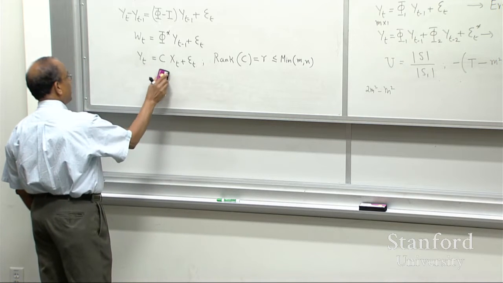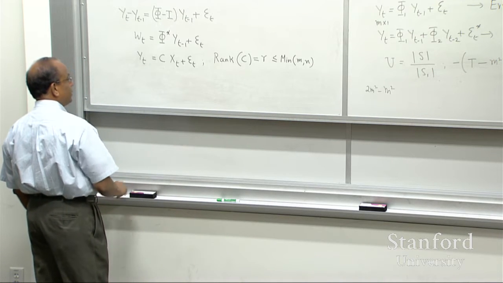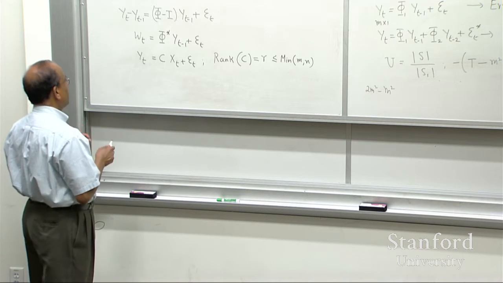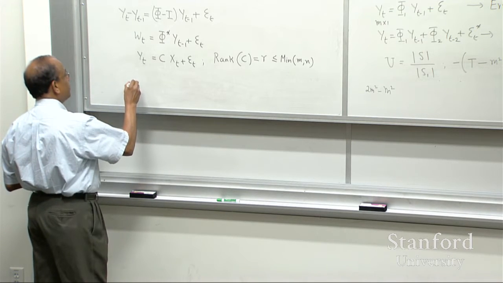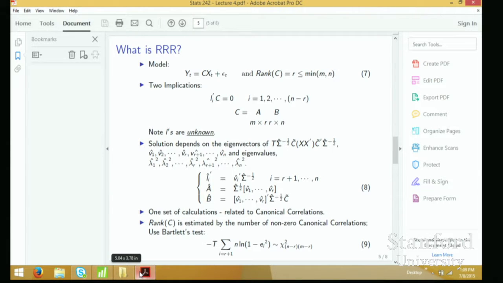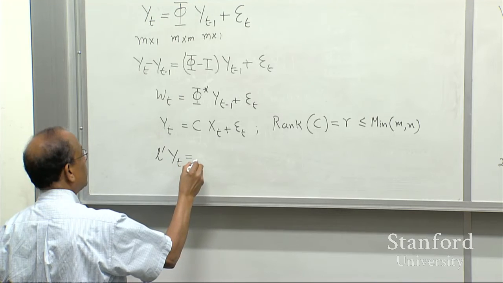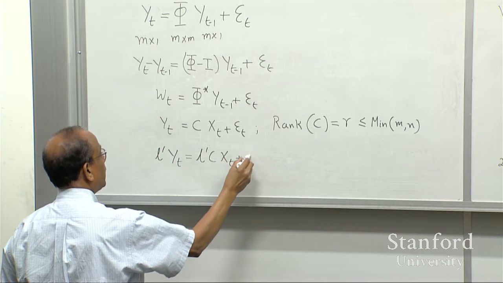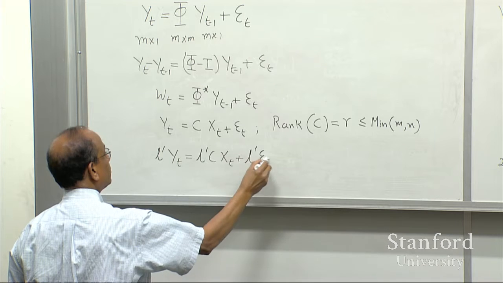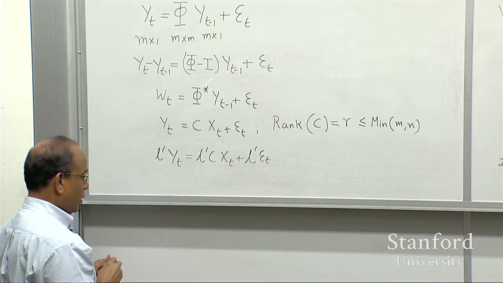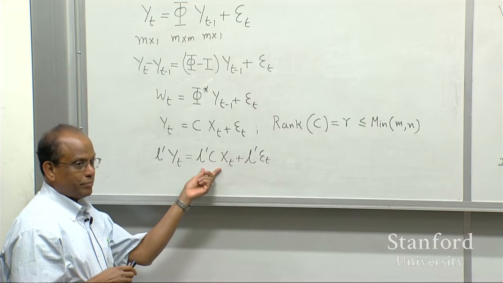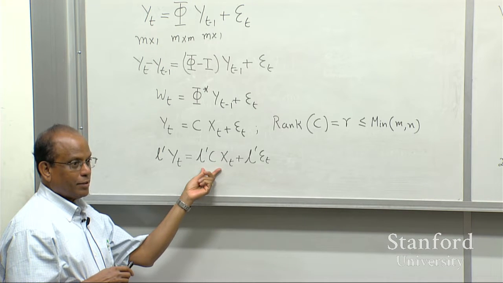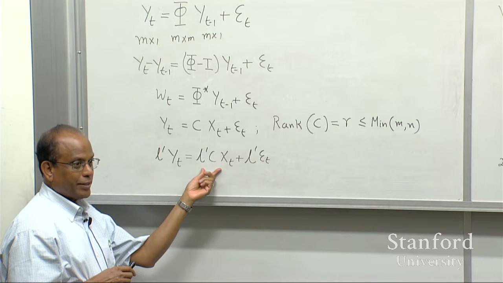So there are two implications. The first implication is that there are constraints on the C matrix that you can use. Essentially, if I take L prime yt, this is going to be L prime C xt plus L prime epsilon t. So what is L prime C? L prime C is 0. Can you see that?